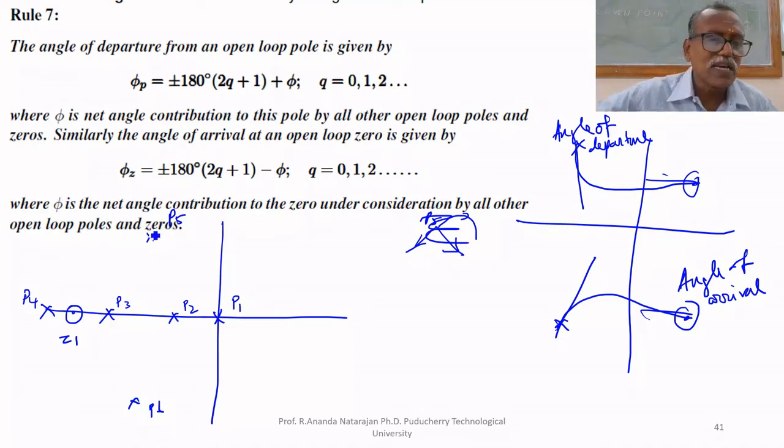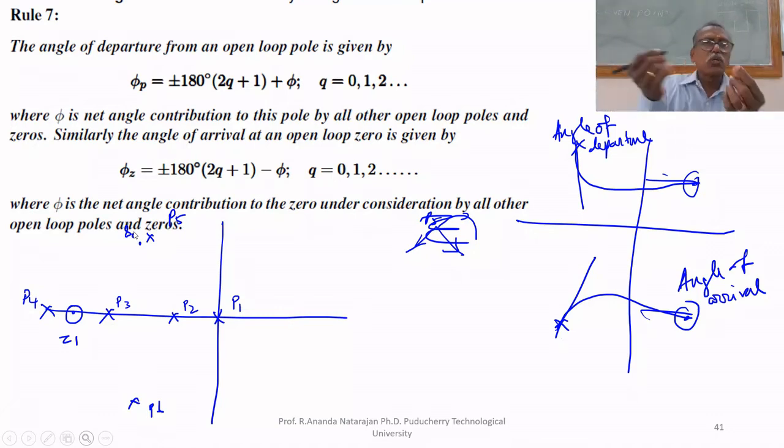Suppose I select a point S0 very close to P5. Here I am drawing it a little bit away, but I am selecting it very close to P5.